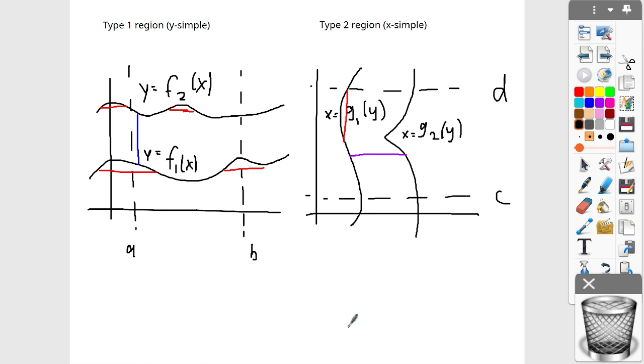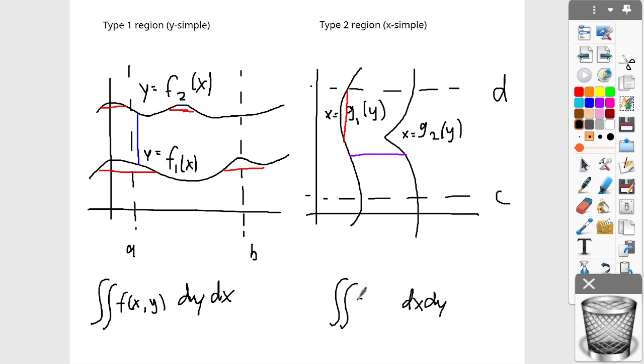So if you set it up in terms of this, you are a lot more likely to have dy dx, so functions f of x, y, dy dx. And for the other situation, you will have dx first, then dy. So why would we have dy first?